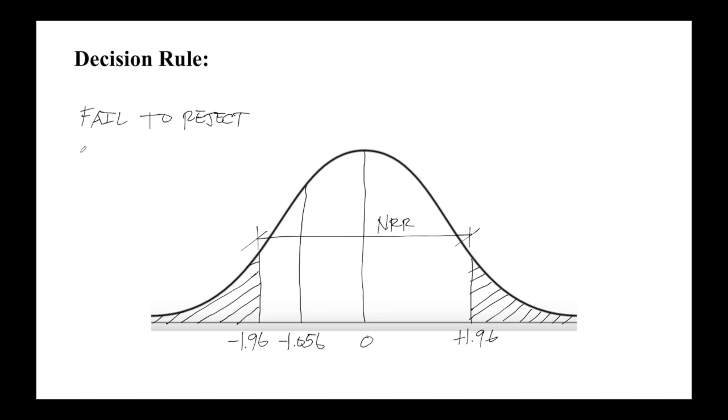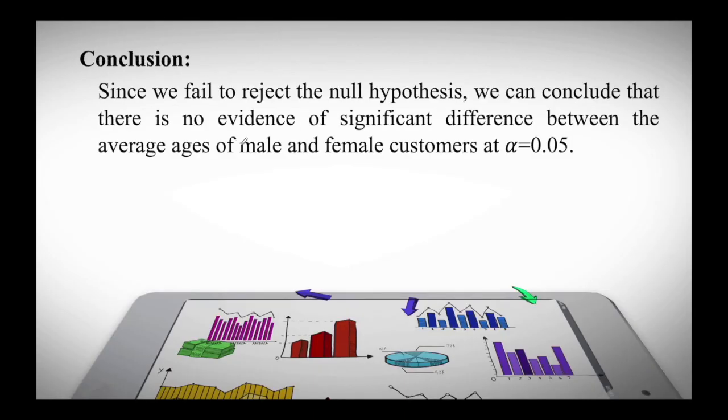Ayan. Hindi natin siya i-reject. Fail to reject the null hypothesis, and that is at alpha level 0.05. And since we fail to reject the null hypothesis, our decision should be, we can conclude that there is no evidence of significant difference between the average ages of male and female customers.